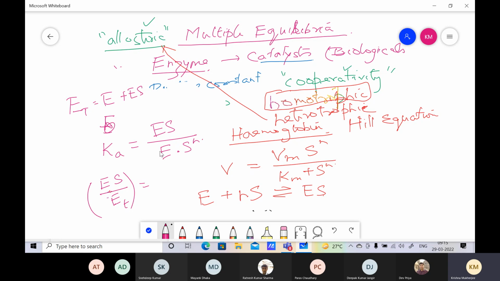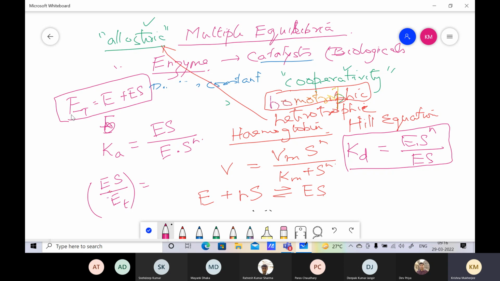ES is equal to, or we can reverse it and write 1 upon Ka. Okay, let us, sorry, I should have done it like that. KD is equal to E S raised to n upon ES. So if KD is equal to E S raised to n upon ES, and ET is equal to E plus ES, then what is ES upon ET?